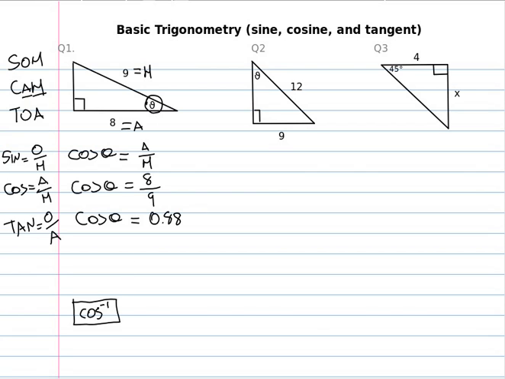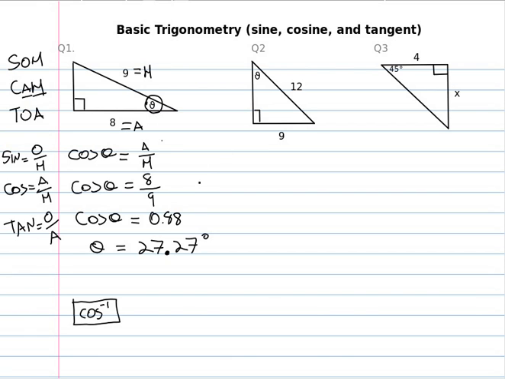Sometimes you have to do inverse cos, then the 0.88. However your calculator works, taking the inverse cos of 0.88 leaves a theta of 27.27 degrees.